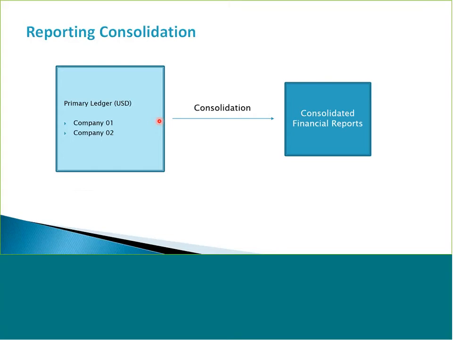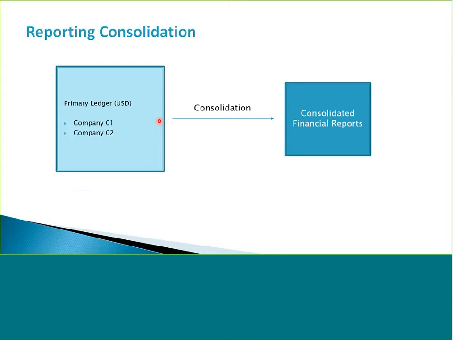Now, what this does is, unlike the other type of consolidation where there's data transfer, for reporting consolidation, we don't have to do the data transfer. So for example, if we have two companies which exist on a single instance, on a single ledger, and they just exist as different balancing segment values.